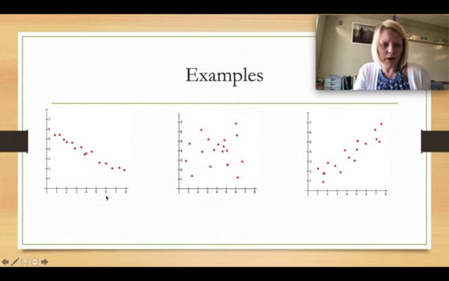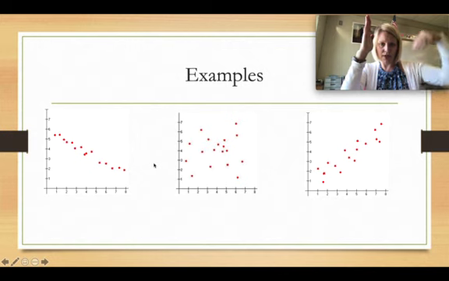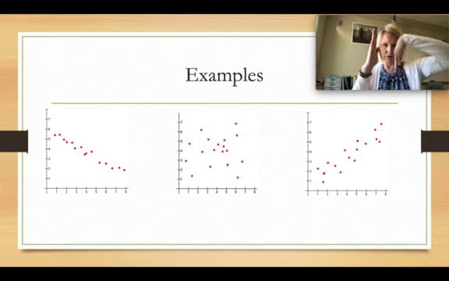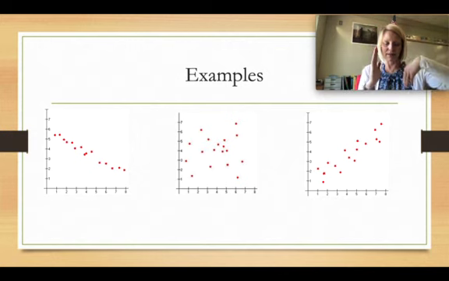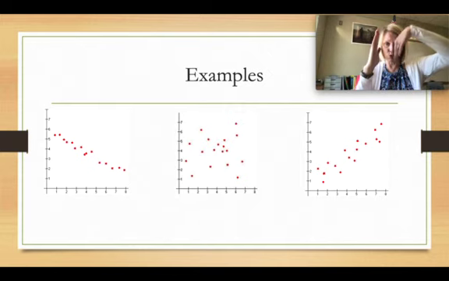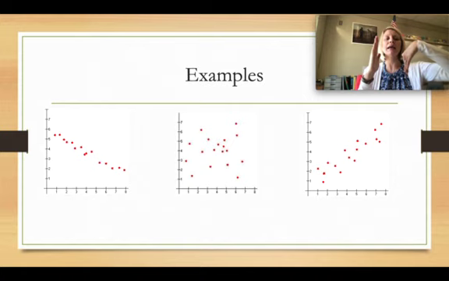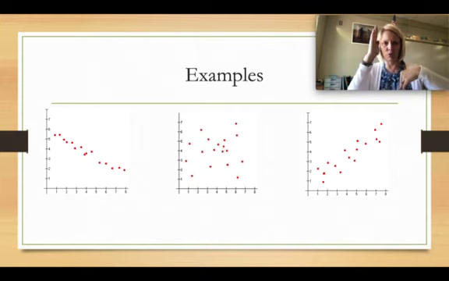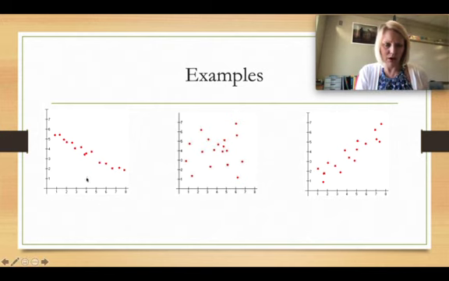So as one goes up, the other goes down. As income rose, fewer symptoms were experienced. This is going to be a negative correlation. I hope you said it with me. As one goes up, the other goes down. That's going to be this one here on the left. As income rose, psychiatric symptoms went down.